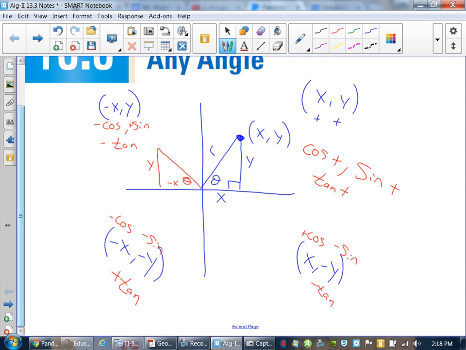Remember how I was saying, when you're working with reference angles, how things... I hate to erase this, it just looks cool. Remember how I was saying this before? When you have ordered pairs, let's say it's 3 and 5.